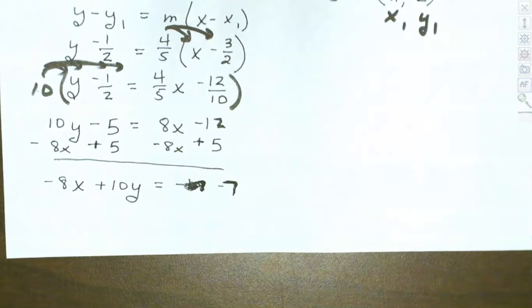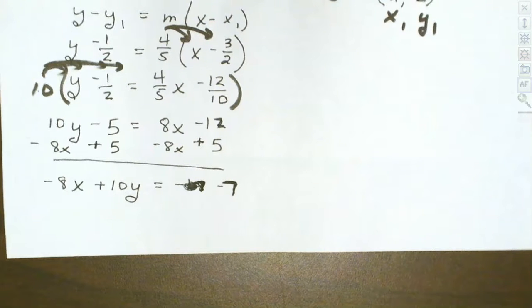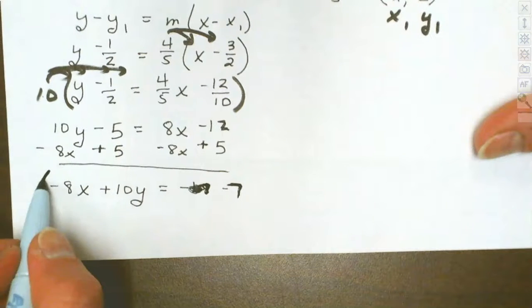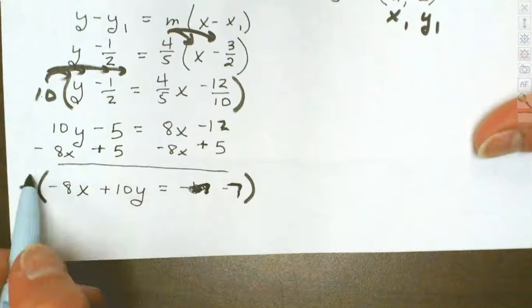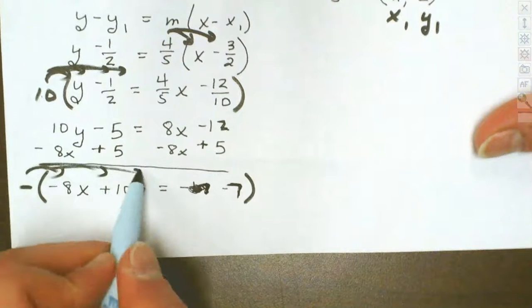Okay, so we distributed through it. Yep, if I make a mistake, you should be sure and tell me. Sometimes I get kind of ahead of myself. But we cleared out our fractions. Now we move that 5 over with addition. Move the 8x over with subtraction. Is this in standard form yet? Nope. So we need to multiply it by a negative to clear out our negative in front.